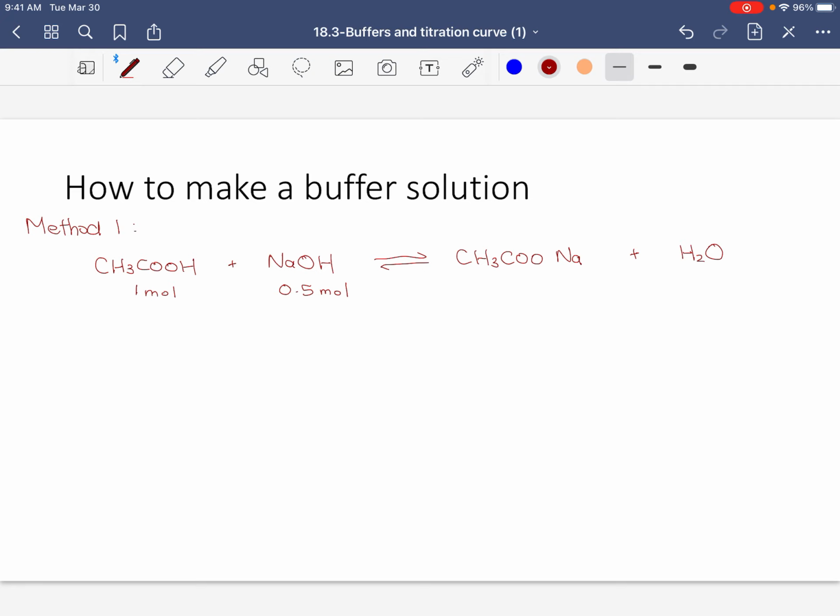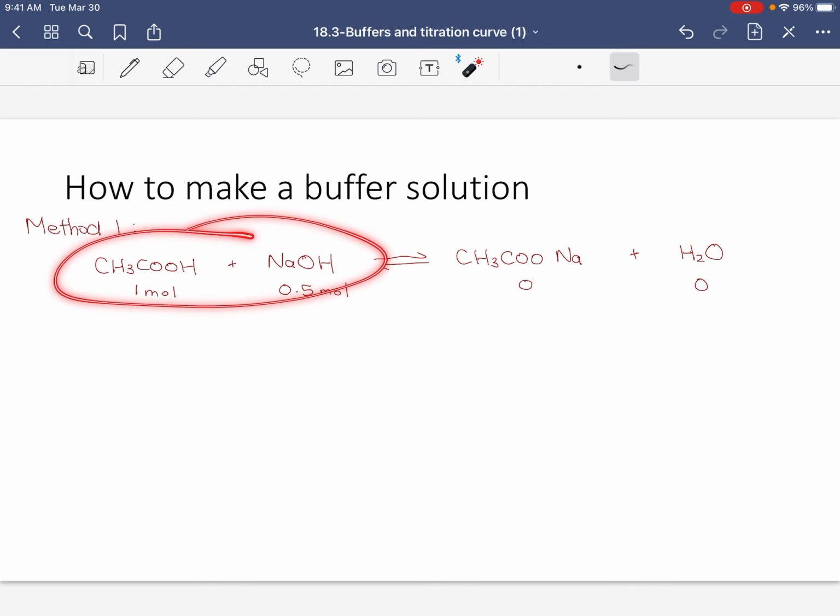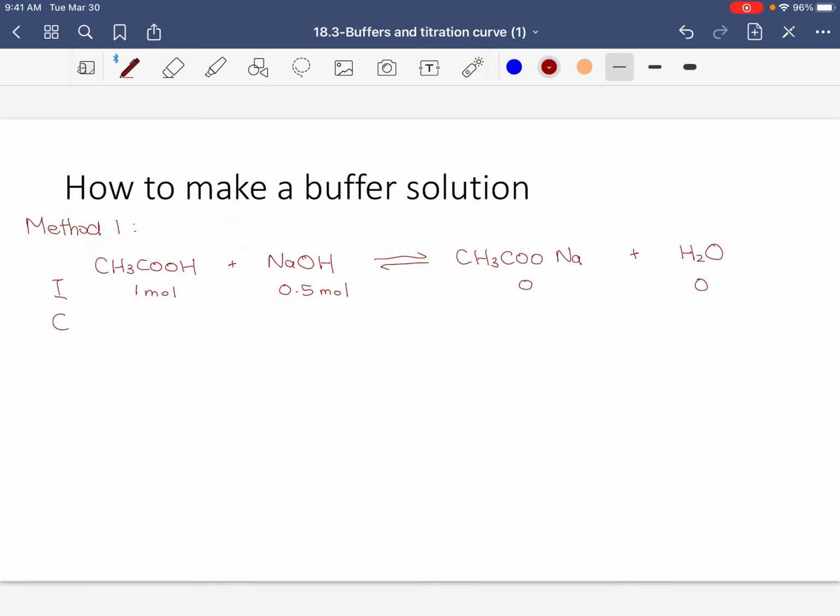Now, how is this a buffer solution? Well, watch this. In the beginning, of course, you're not going to have any of these. But as you let these guys mix, they will establish an equilibrium. This, being the limiting reagent, will take half of these and make half of these, because you can see that the ratio here is 1 to 1.